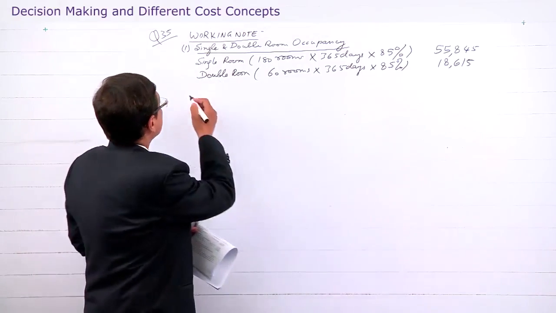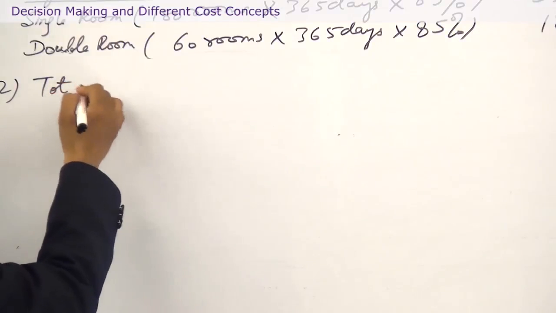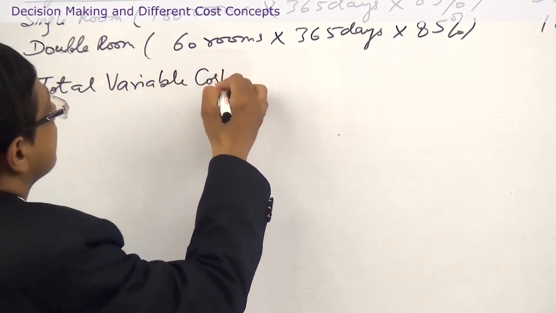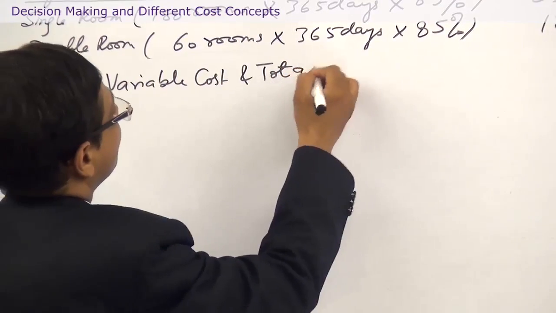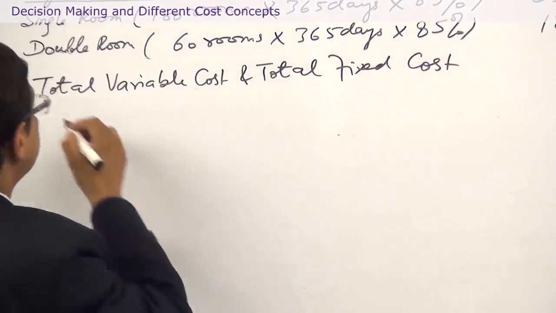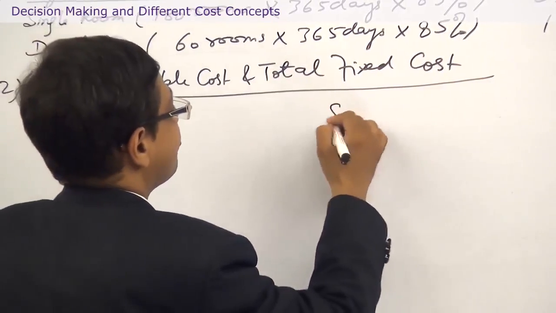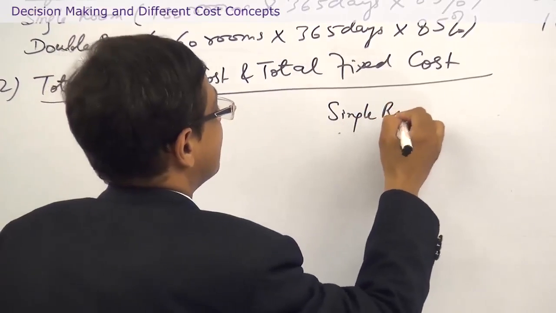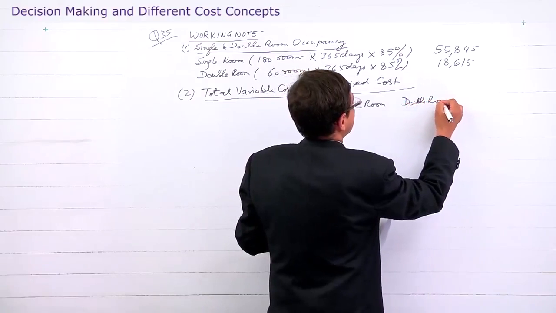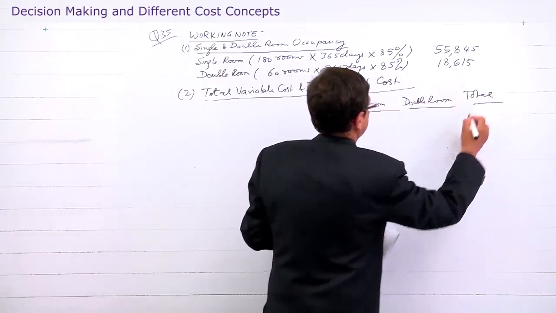So, your total variable cost and total fixed cost can be found together. You have single room, double room, and you have a column for total.